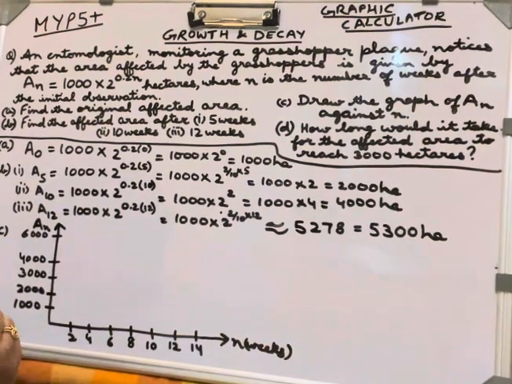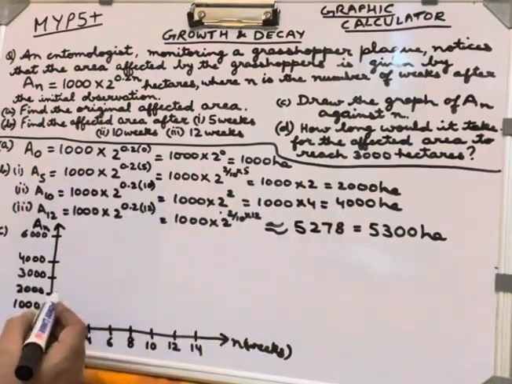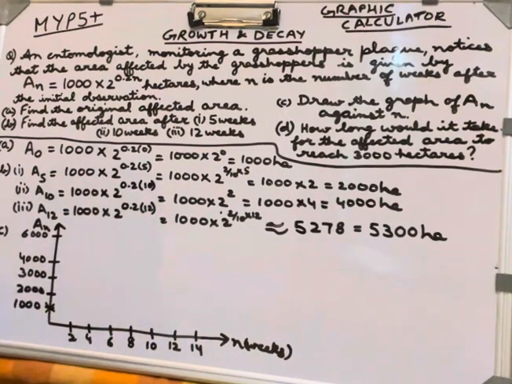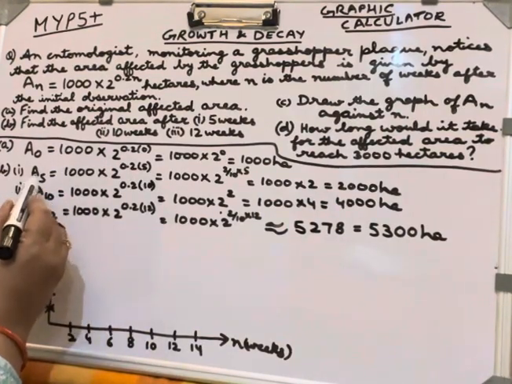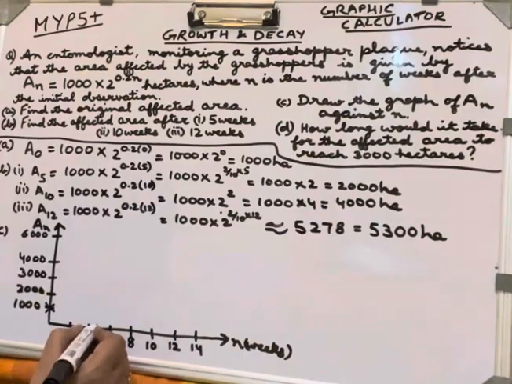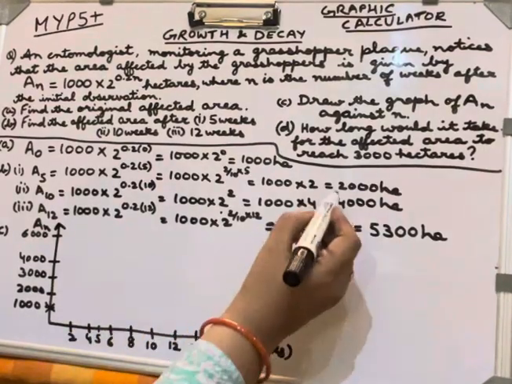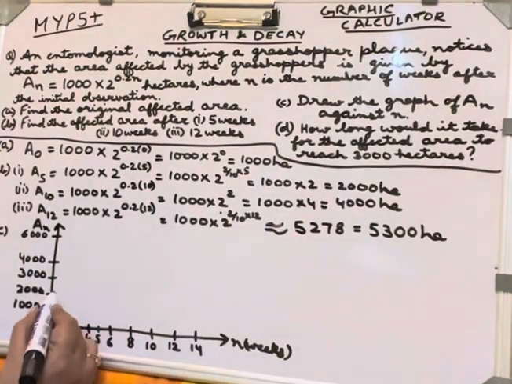Okay, now we know that the original value is 1000 hectares. So this is the original point, the first point. Next, we notice that A_5, the fifth week, is somewhere here. This is 5, in the middle between 4 and 6. And the value is 2000 hectare.